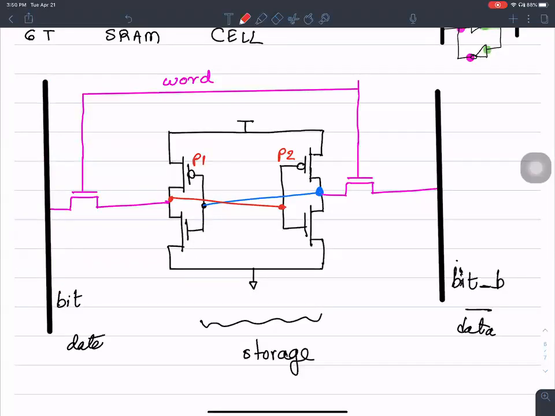This is called access transistor 1, and this is called access transistor 2. The ones down below are D1 and D2. With these transistors, it's easy to identify how to size them carefully. There are two operations here.